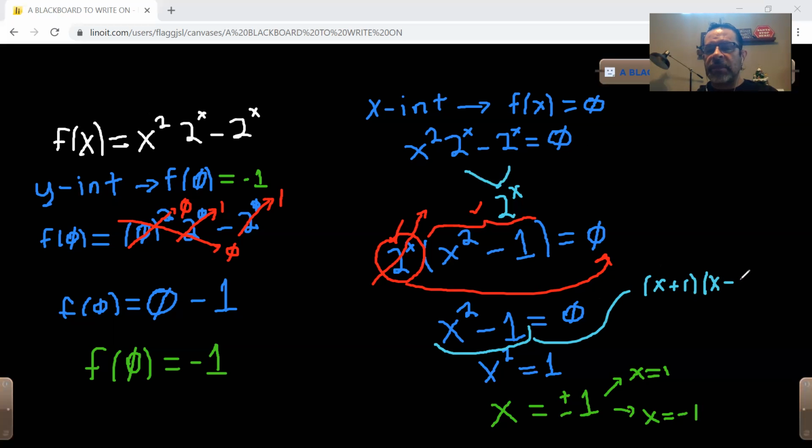This is going to be the same as having x plus 1 multiplied by x minus 1, and this is where we get each of these factors. Okay, so from here we get x equals 1, and from here we get x equals minus 1. And so those are going to be the intercepts.